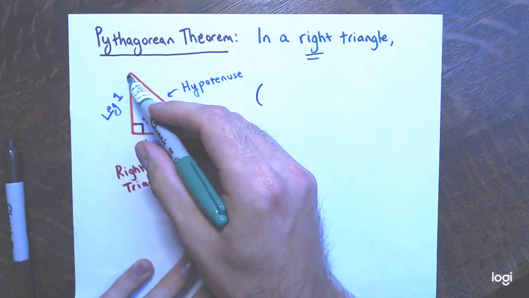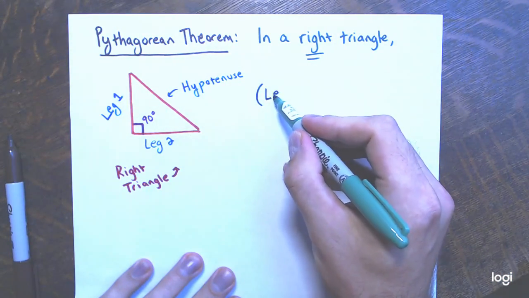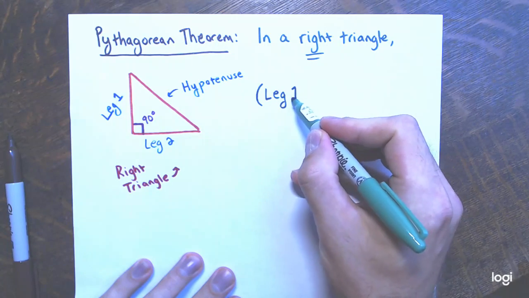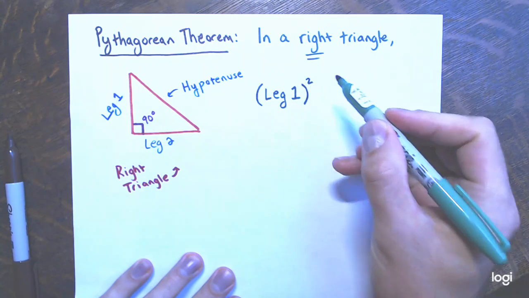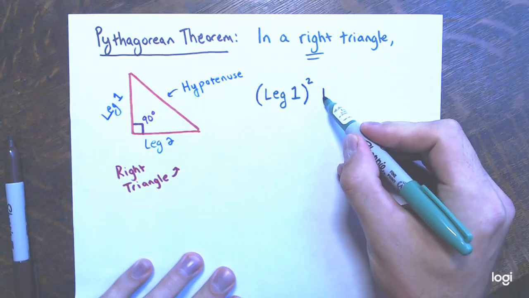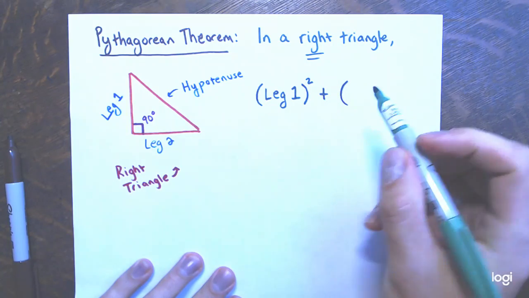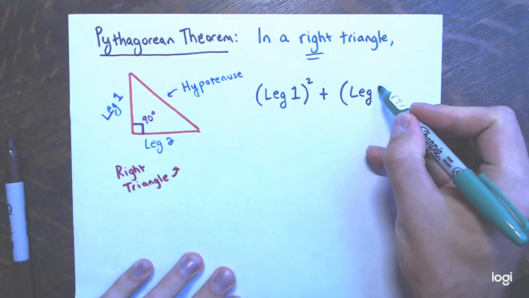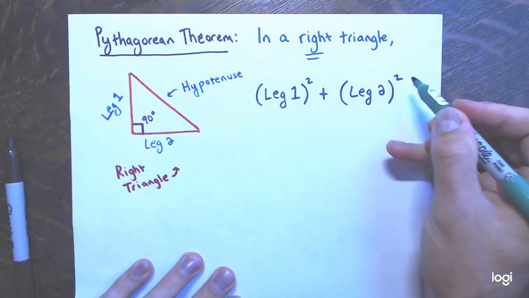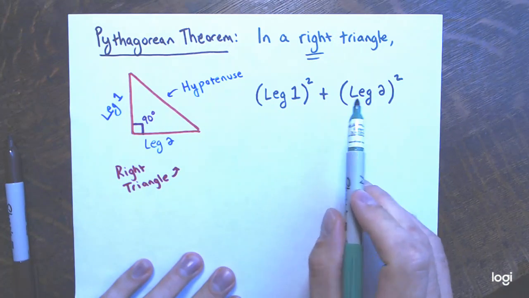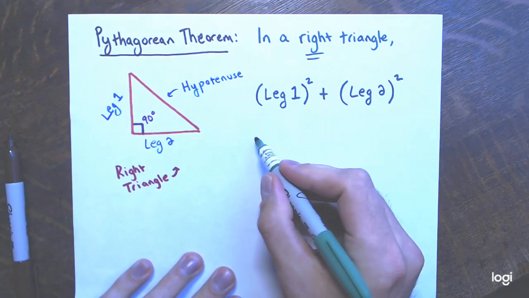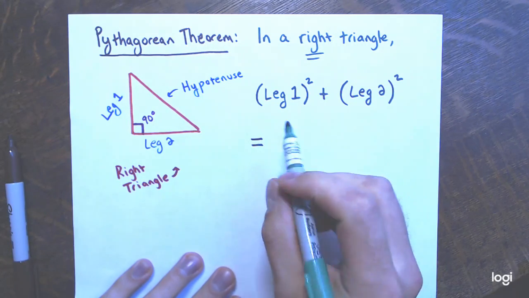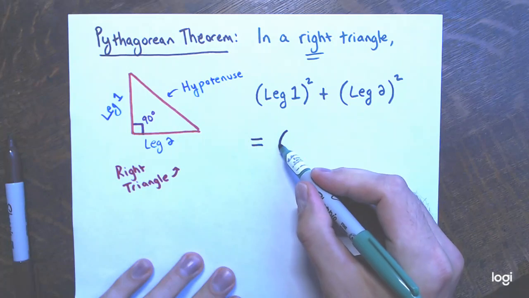So if I take the length of, say, leg 1 in my picture and square it, and then add to this the length of the other leg, leg 2, and square that, the sum of the squares of the legs will be equal to the square of the hypotenuse.